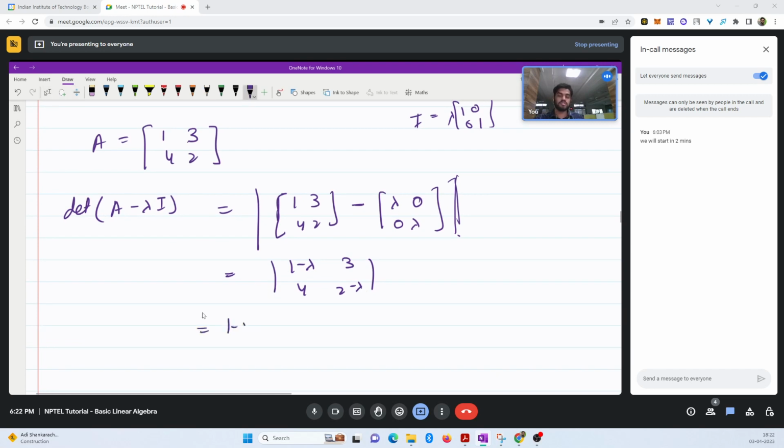This is equal to (1 minus lambda)(2 minus lambda) minus 12. So we get lambda square minus 3 lambda plus 2 minus 12, that is lambda square minus 3 lambda minus 10. Can we split it up?